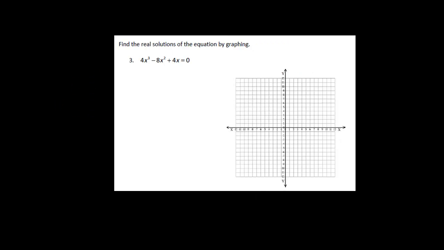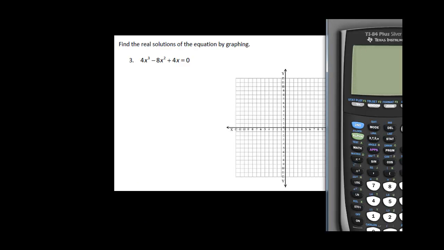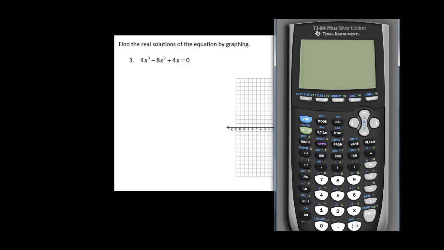All right, number 3, they want you to graph this and find the solutions. So let's plug that in first. So 4x cubed minus 8x squared plus 4x. Let's get an idea of what it looks like first.